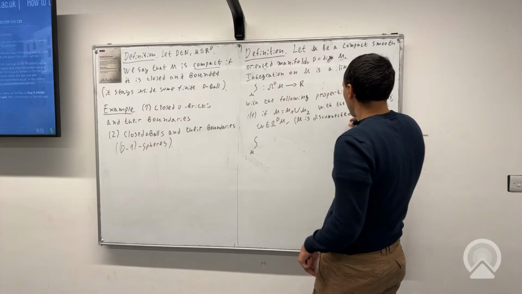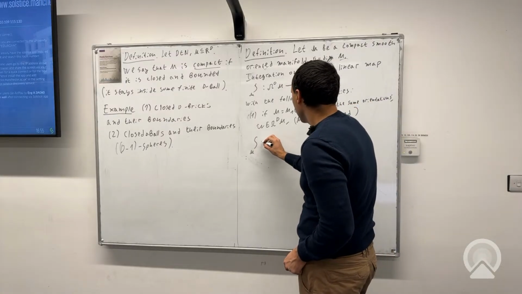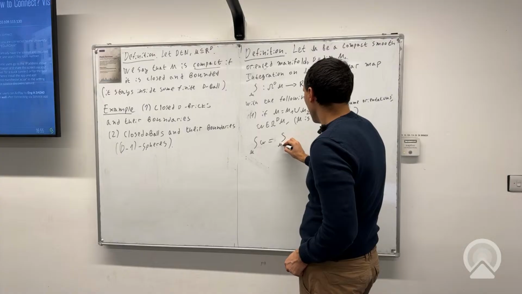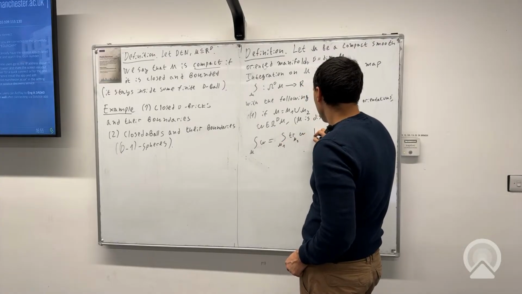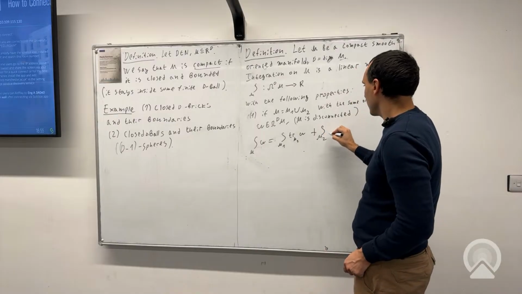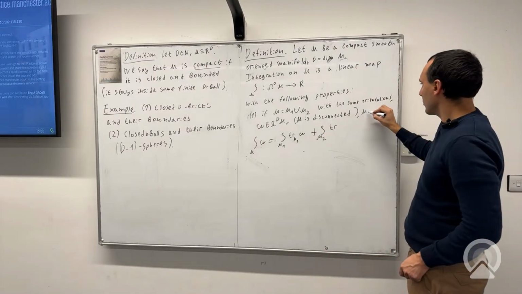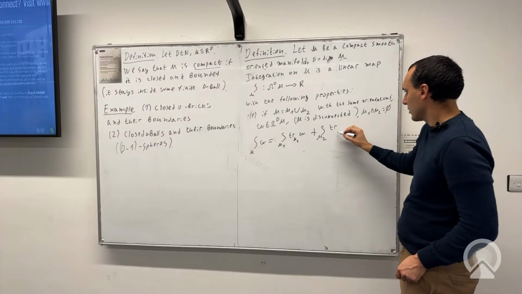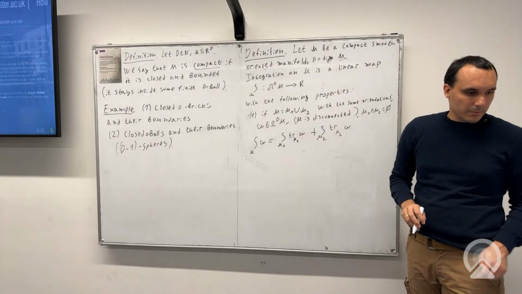This is just some property to work on points. So the integral over M of omega is the integral over M1 of the trace to M1 of omega plus the integral over M2 of the trace. Here I forgot to say M1 intersection M2 is the empty set. So we have an additive property.